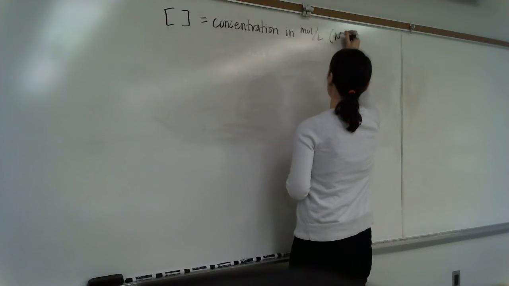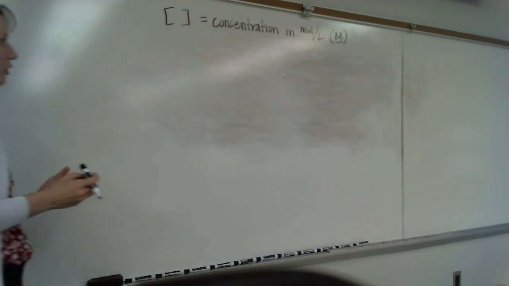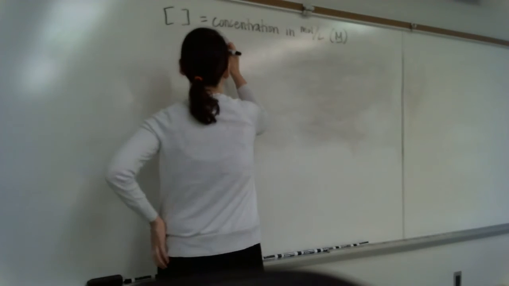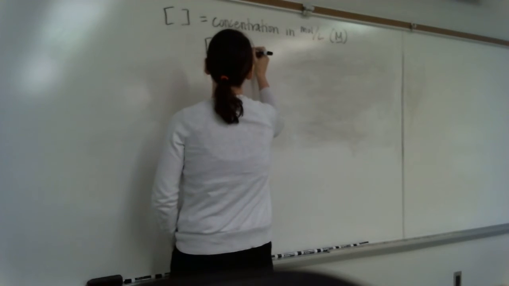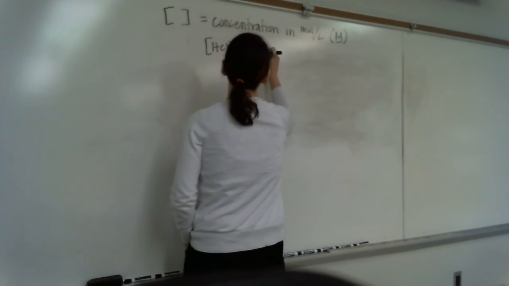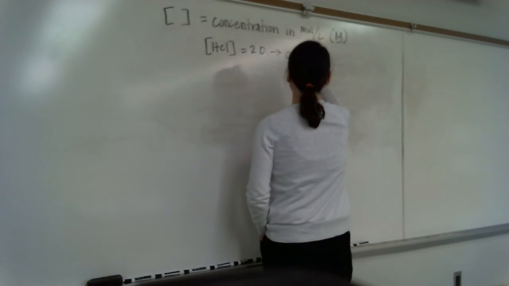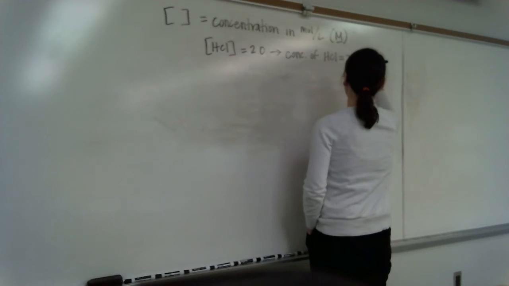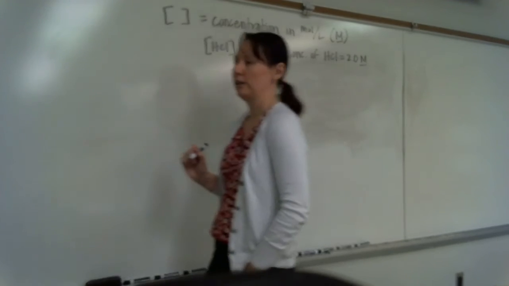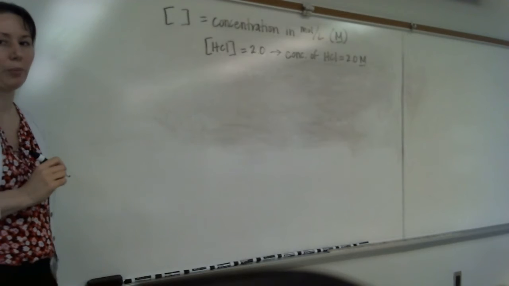In other words, molarity. For example, if I said the concentration of HCl equals 2.0, that would mean the concentration of HCl is 2.0 molar. We're going to be using that bracket notation today.